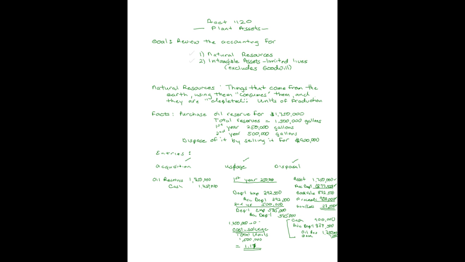Let's continue on now with our discussion on intangible assets. We did natural resources. Now we'll do intangible assets that are with limited lives. Intangible assets are things that we own the rights to use, but they don't physically exist, but they do have value.